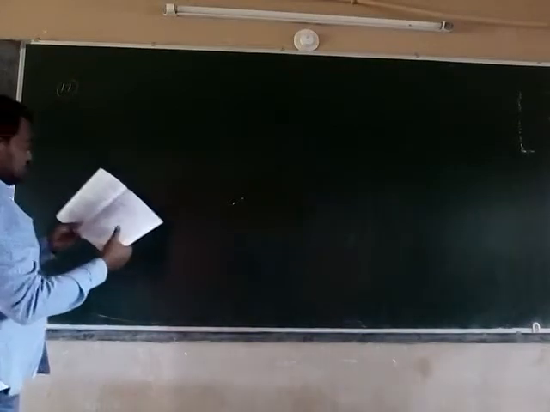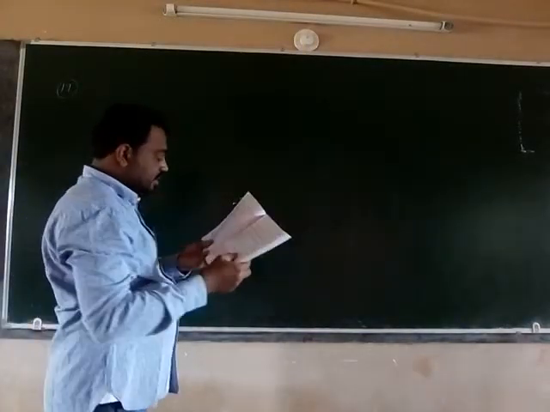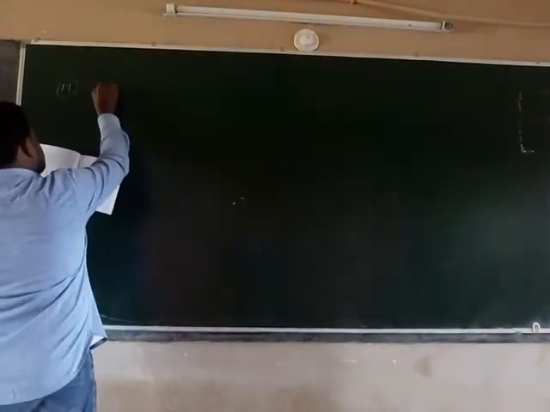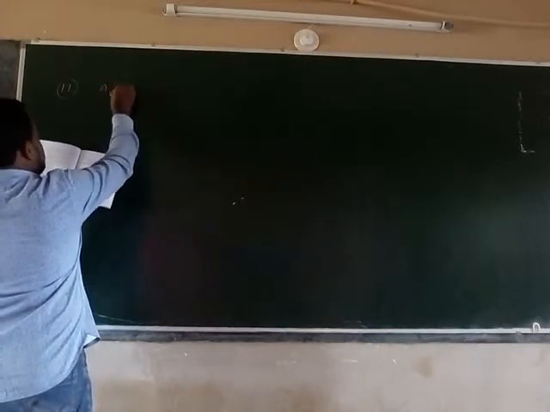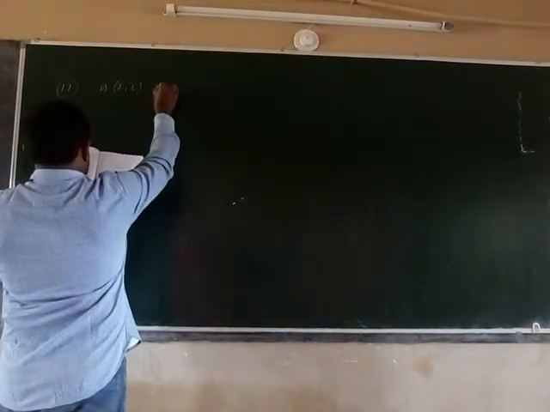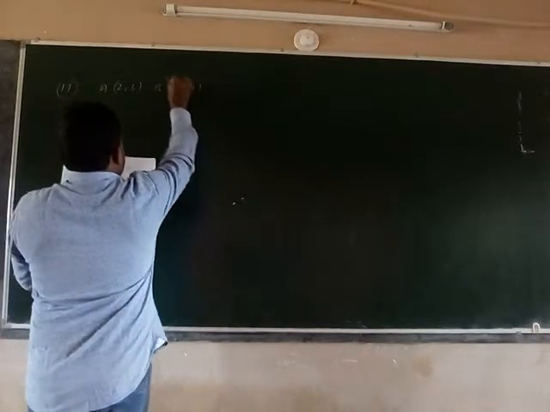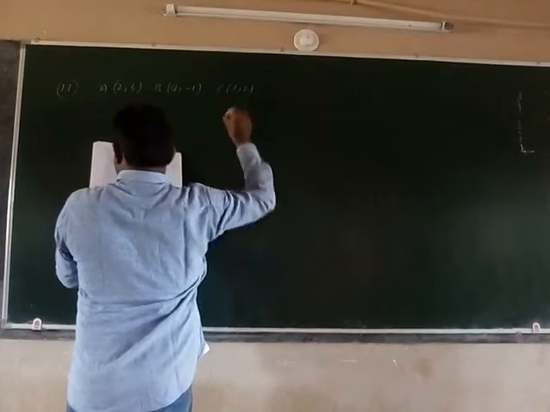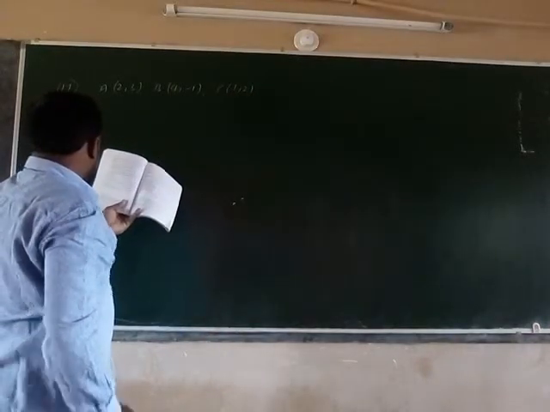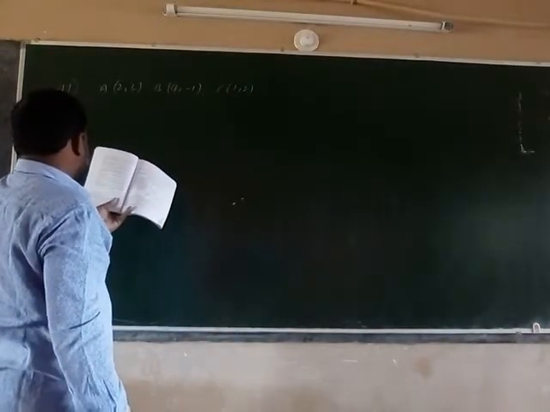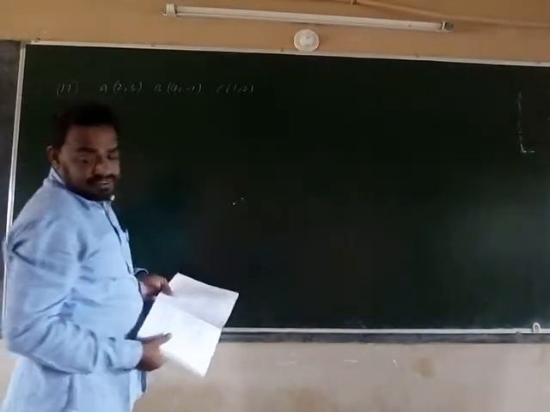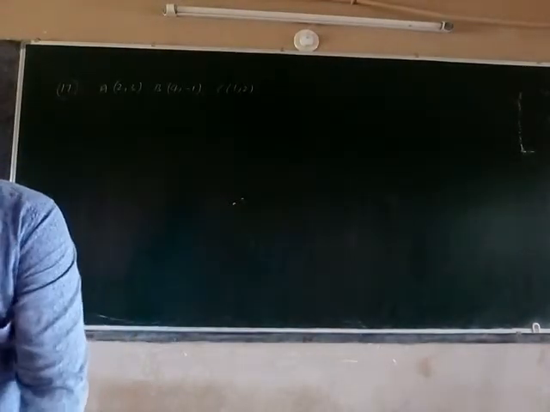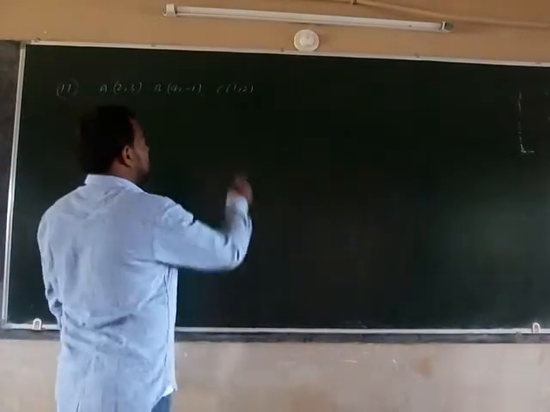Next, 17th question. In a triangle ABC with vertices A (2, 3), B (4, -1) and C (1), find the equation and length of the altitude from the vertex A. From the vertex A. So what is the definition of altitude?